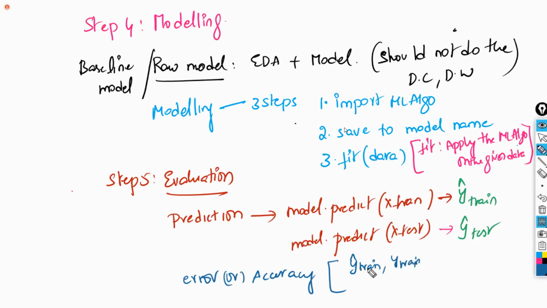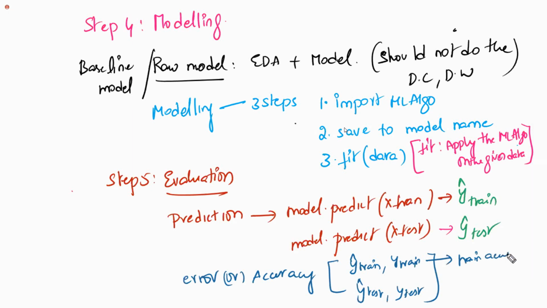This is the actual data and this is the predicted data for the train data. Similarly, y_pred_test versus y_test. You compare these and calculate; this is called train accuracy or train error, and this is called test accuracy. If you compare error, it is error; if you compare accuracy, it is accuracy.